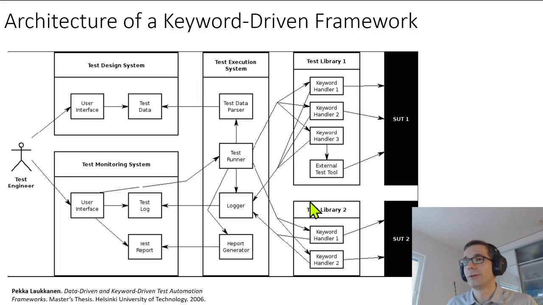We could have another library that is ready to interact with web-based forms and is running on top of Selenium. And we could have a third library that is for some domain-specific area, like cars, for example.